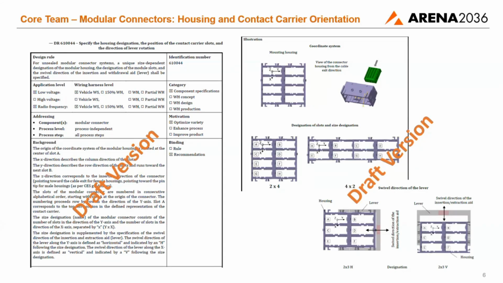How are we defining the different slots and the different directions? So in the end, you have a variable system where you can go from 1 slot up to 9, 12 slots. Currently in focus are housings with slots from 2 to 9.